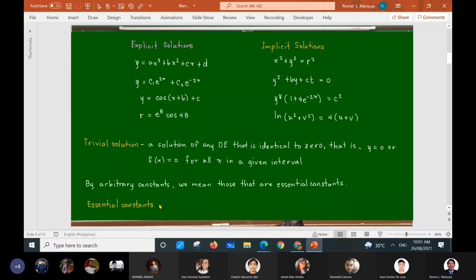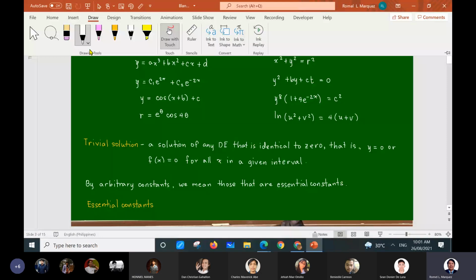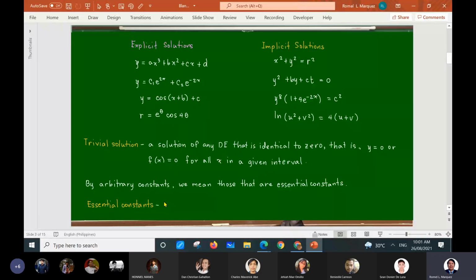Yes, sir. So when you say essential constants, these are constants that cannot be reduced to a smaller number of arbitrary constants. So let's say we have 4. You can no longer reduce those 4 arbitrary constants into 3 arbitrary constants.